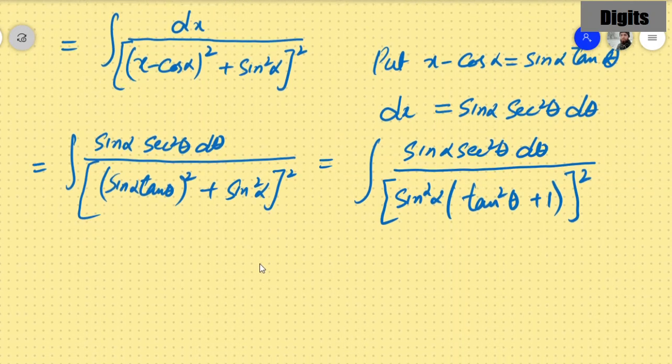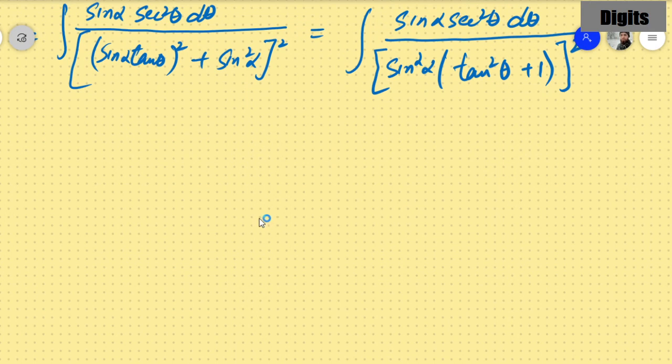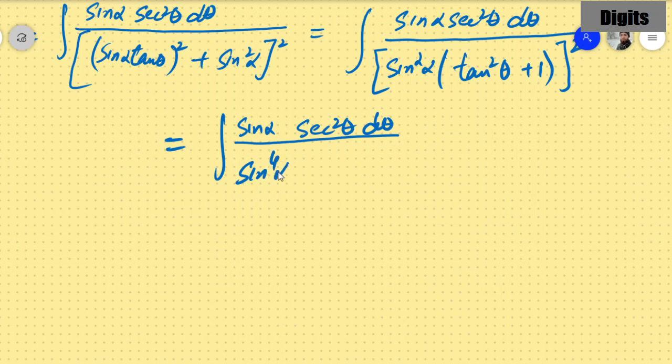So it will be the integral of sin alpha sec square theta d theta divided by sin square alpha, and there is also a square, so it will be sin to the power 4 alpha.